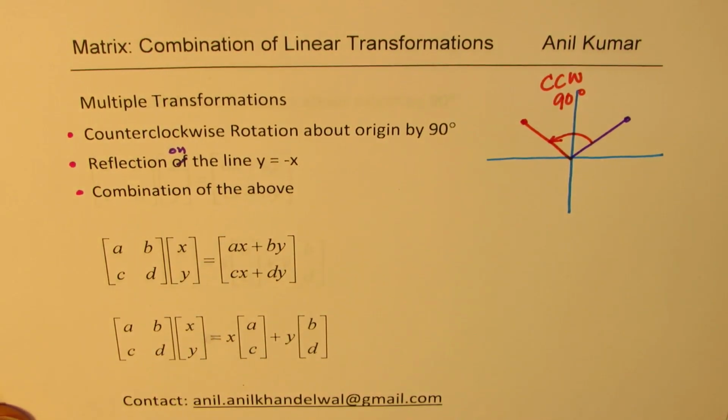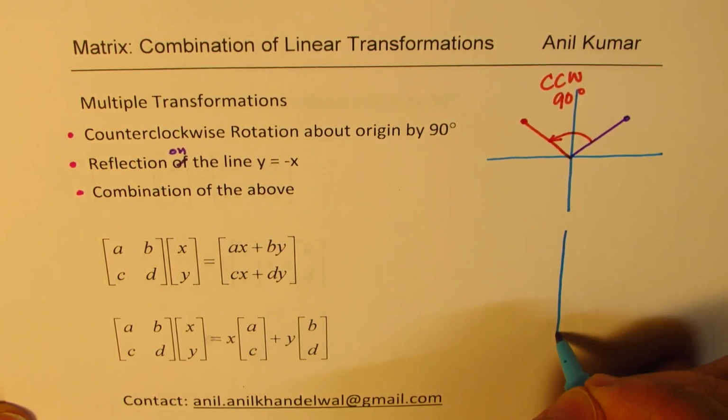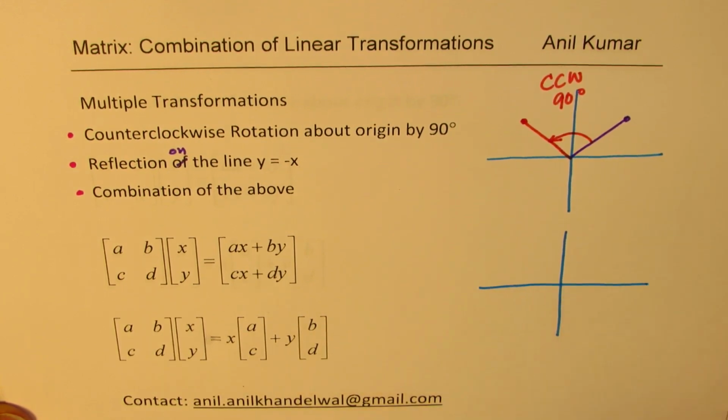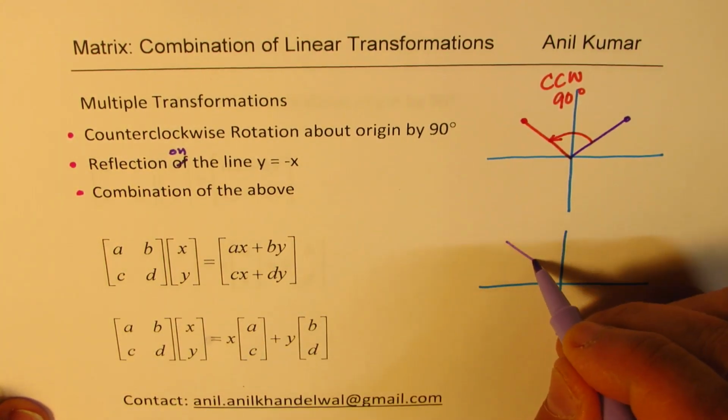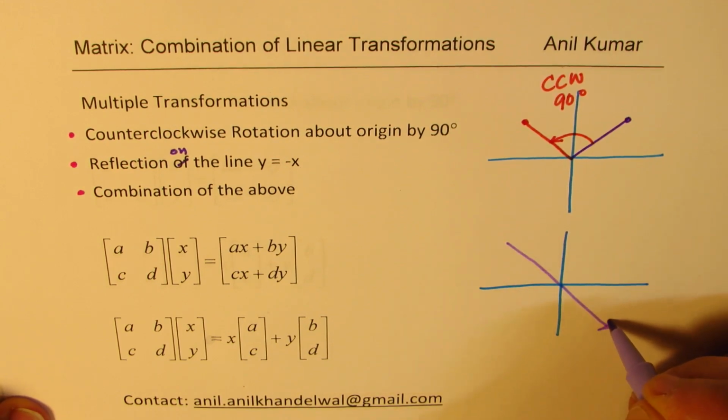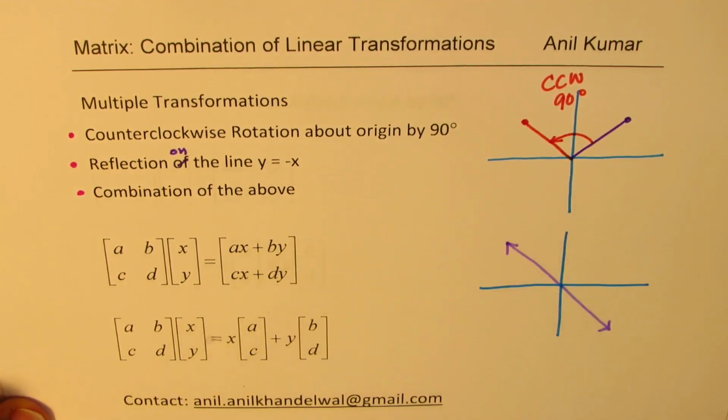Now the second part of this is to reflect it on the line y equals minus x. So the second type of transformation is to reflect the object on the line y equals minus x, which means the line goes diagonally downwards, correct? That is unlike your line y equals x.